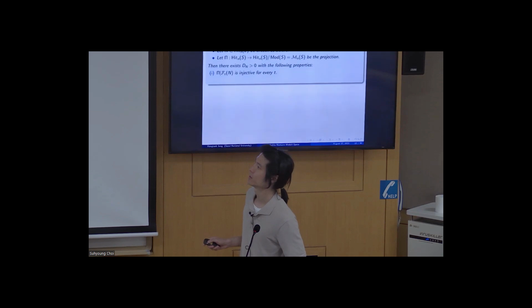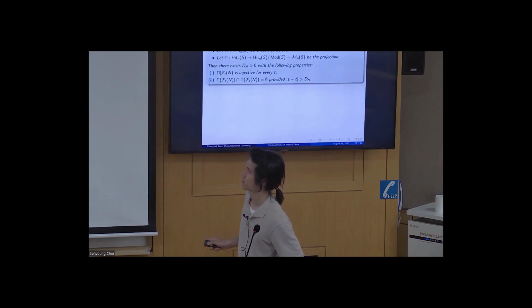Property 1 is that the projection restricted to N flowed by time t is injective for every t. And for all s and t whose difference is bigger than the particular number d_N, their intersection in the moduli space is empty. So we can find this number that has these two properties.